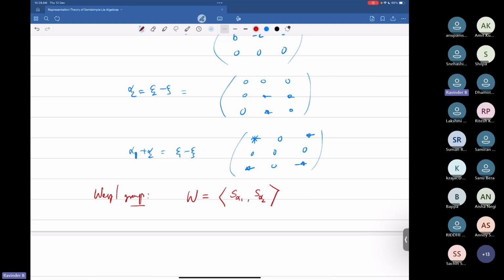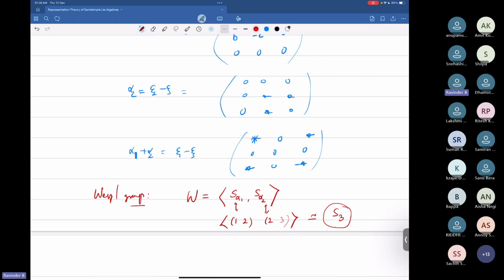And S alpha 1 here is exactly like the transposition (1 2). S alpha 2 is like (2 3). And the group generated by (1 2) and (2 3) is S3. So briefly, the Weyl group in the SL3 setting is S3.